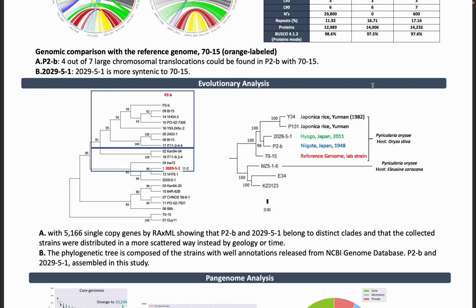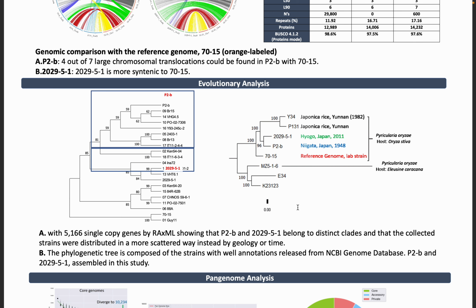And for the right figure here, we try to find the strains with whole-genome annotations released from the NCBI genome database, and try to do the comparison.